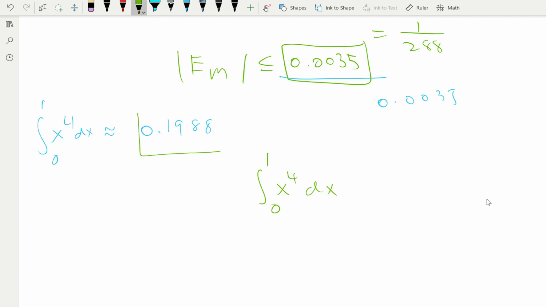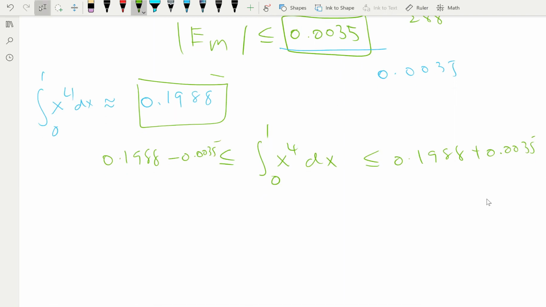This is the midpoint approximation. What's the real value of this integral? We can say the real value of this integral is between 0.1988 plus 0.0035 and 0.1988 minus 0.0035.